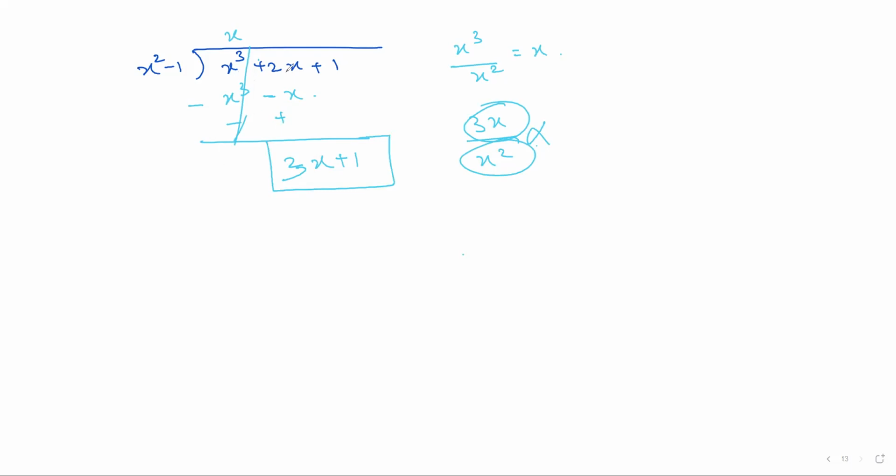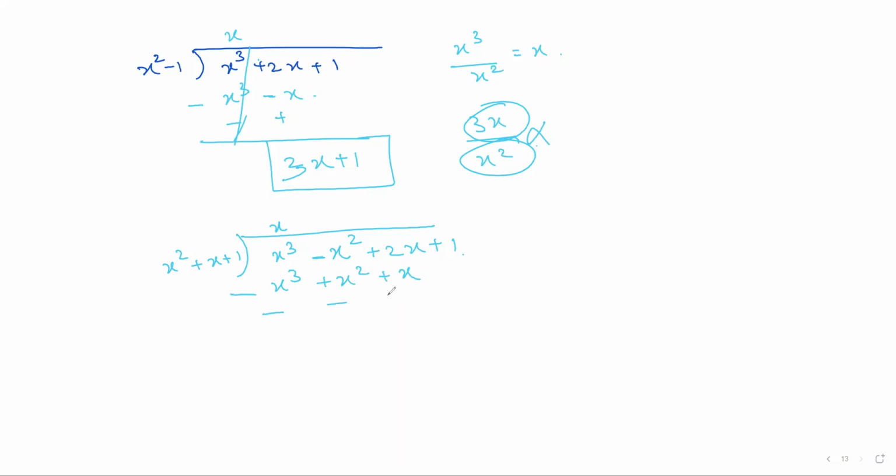What would have happened if we took another example? Say x cubed minus x squared plus 2x plus 1. You're adding an x squared over here. And here you're taking x squared plus x plus 1. You're taking a bigger example. Then x cubed plus x squared plus x.